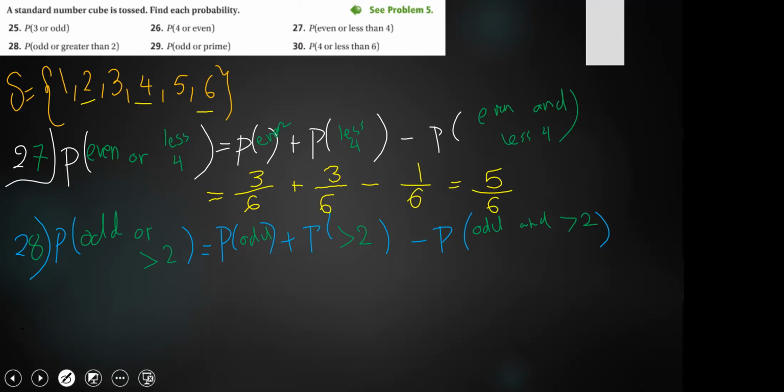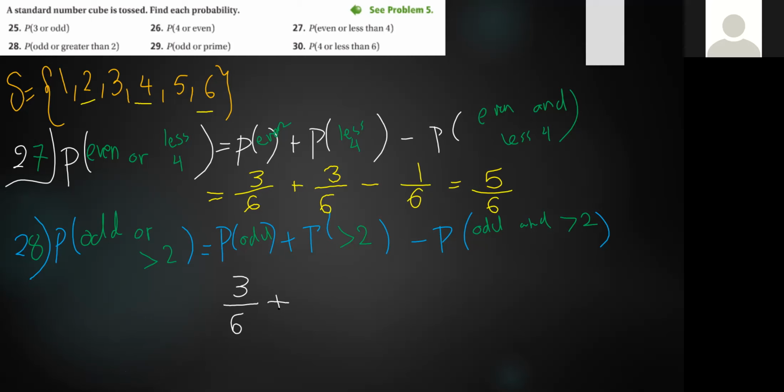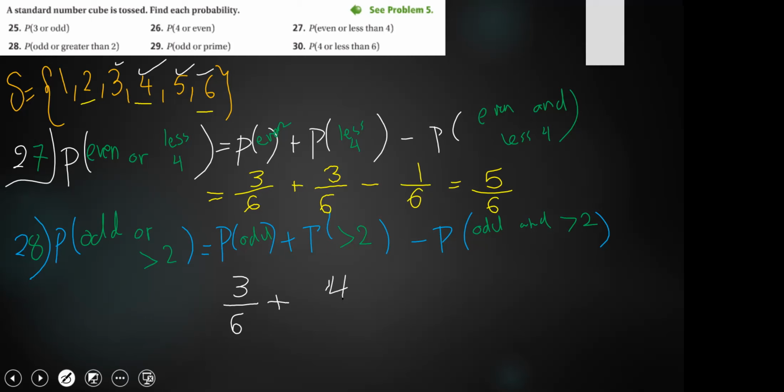Now let's do number 28. How many numbers are odd? 3/6. How many numbers are greater than 2? 4/6: 3, 4, 5, 6. Now, what is the probability of getting a number that is odd and greater than 2?